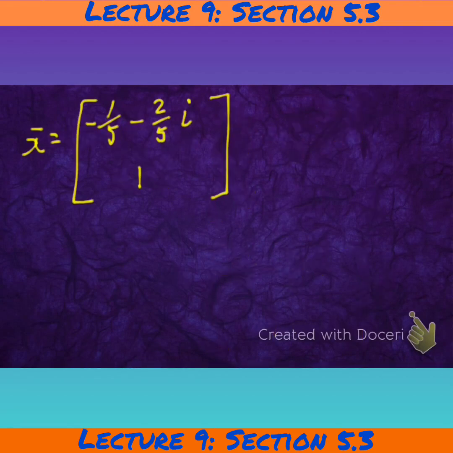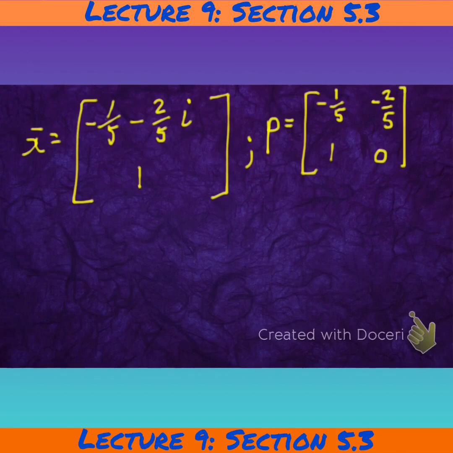So therefore, what is our matrix P going to look like? The matrix P is going to be the partition matrix, the real and imaginary part. That's that, and there we go. That's going to be minus 2/5, and that's going to be 0. And remember, that is an invertible matrix.